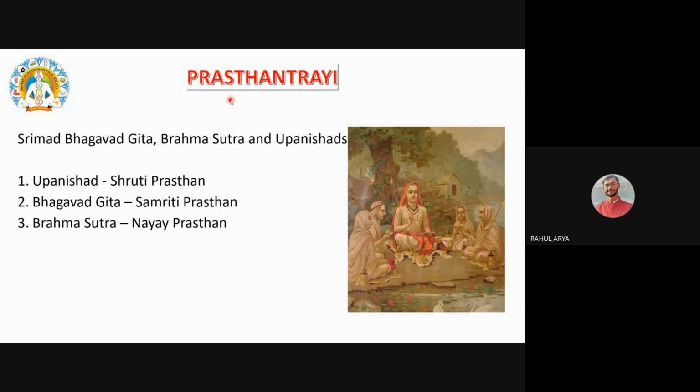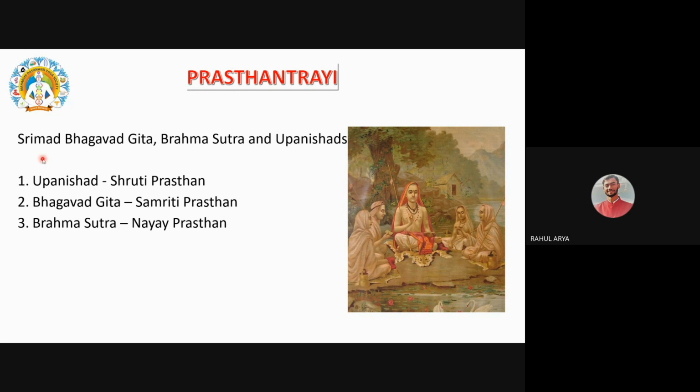But here it is from the Mrityu Lok to the Swarga Lok or the Brahma Lok, that is the departure. It means 3 important texts which help to attain the Brahma Tattva. That text we call the Prasthanatrayi.